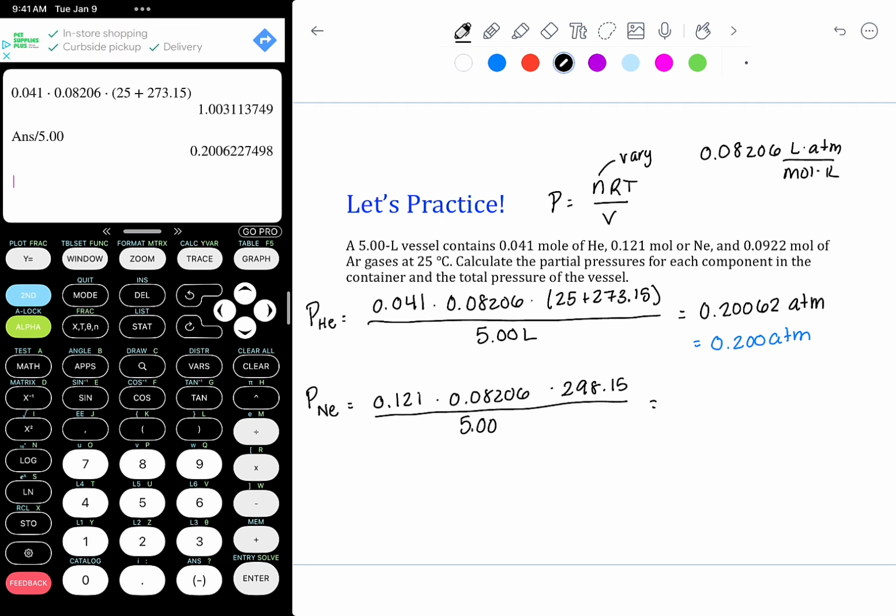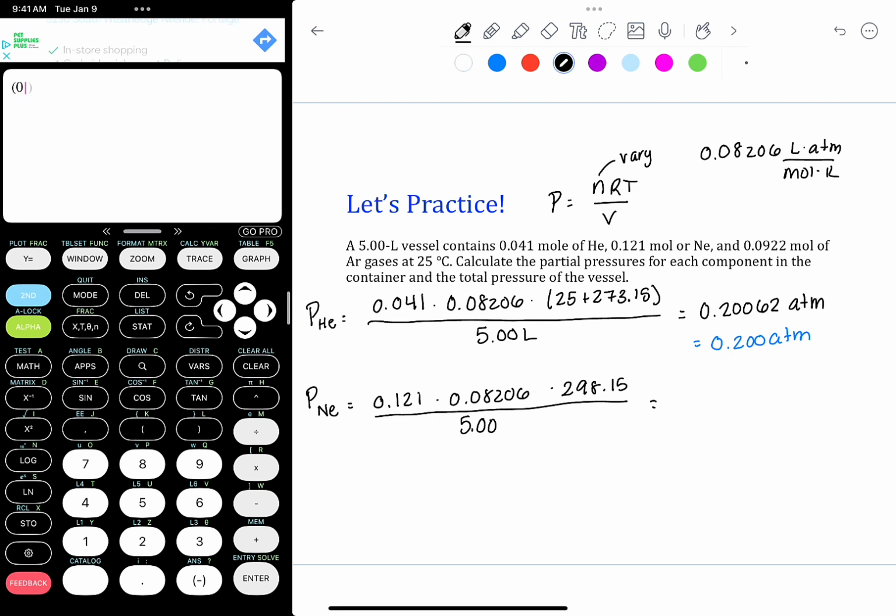So we get 0.121 times 0.08206 times 298.15 divided by 5. And we get 0.59208 ATM. With sig figs, this becomes 0.592 ATM.